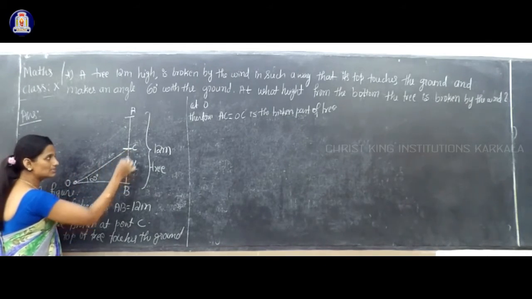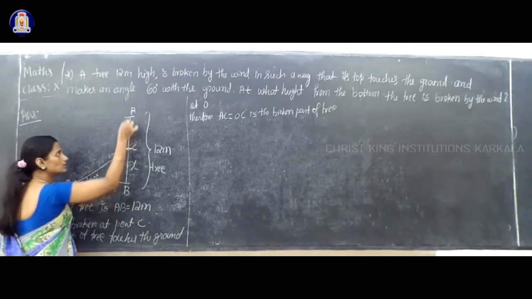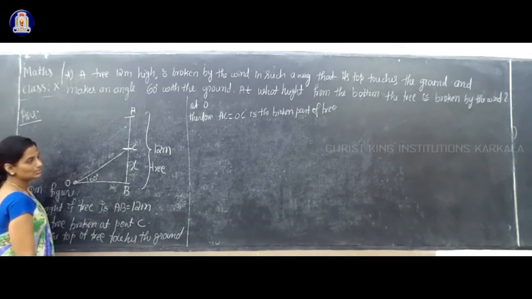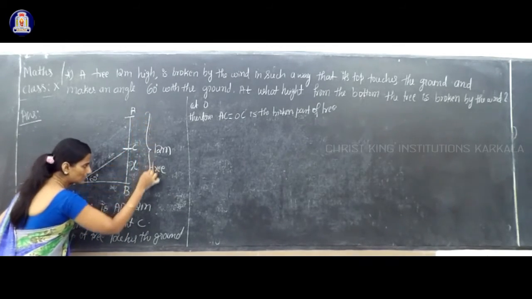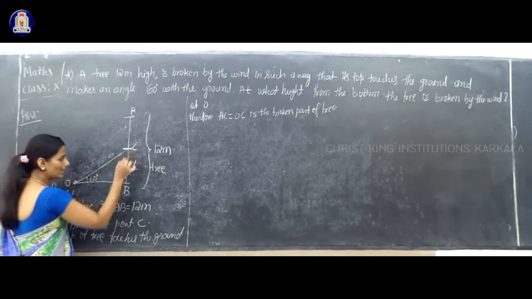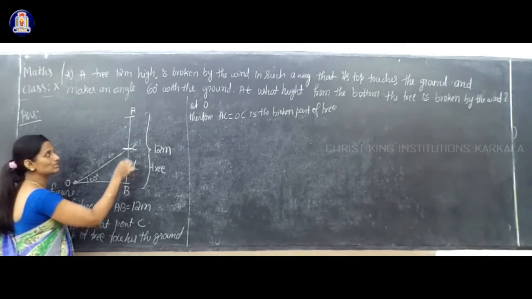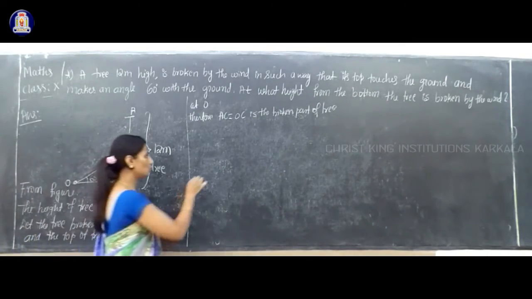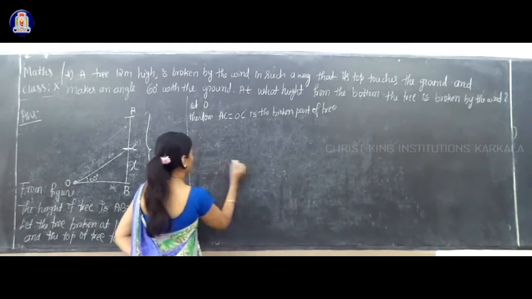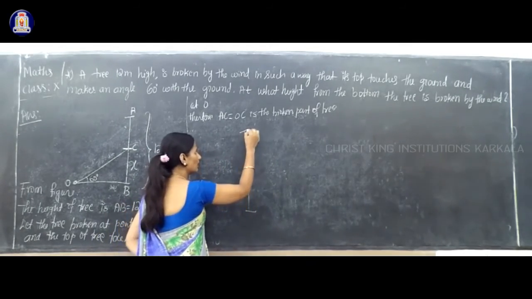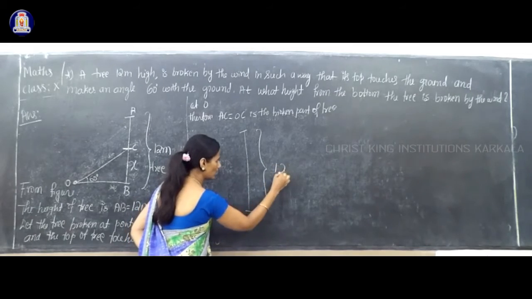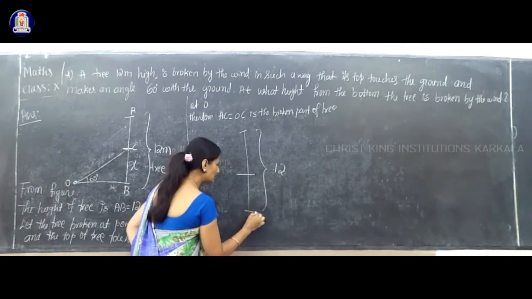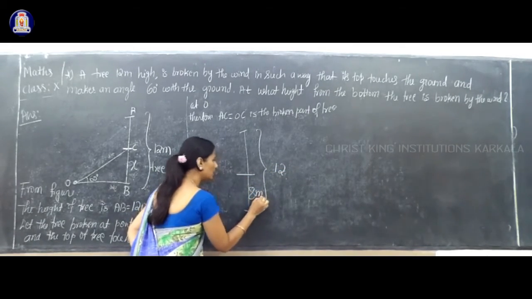If this is x, can you tell me what is this AC? Total is 12. In that, some part is x. What is the remaining part? Suppose the total is 12 and this distance is 8 meter.